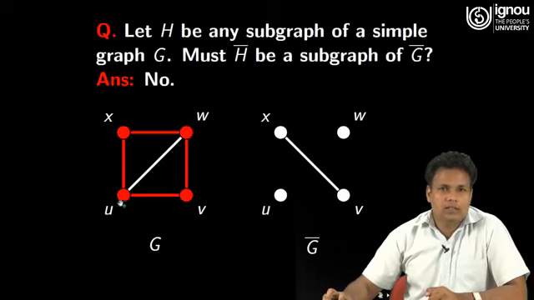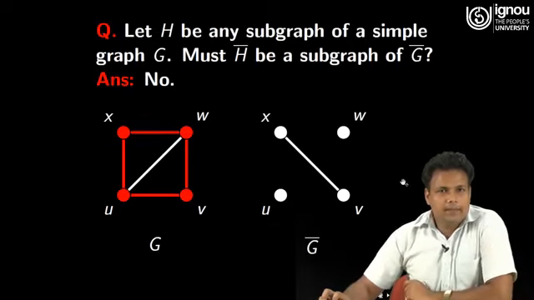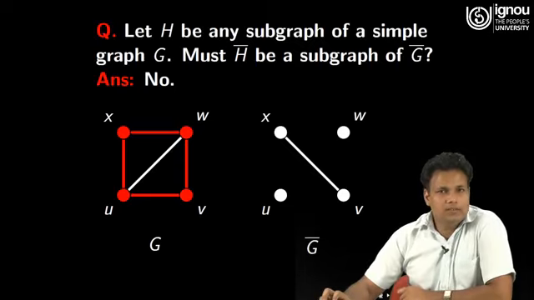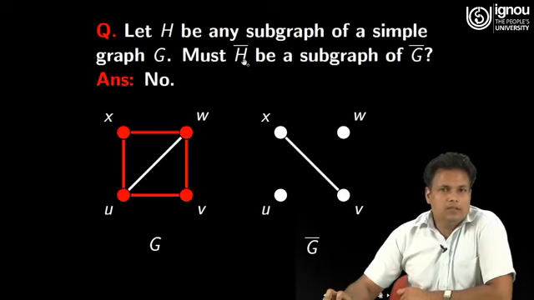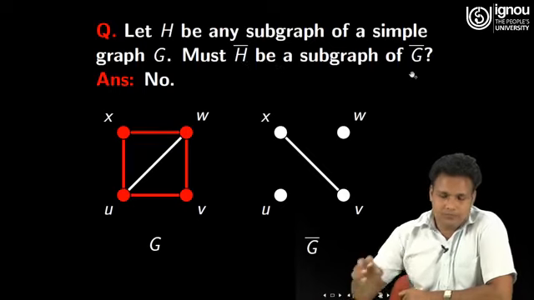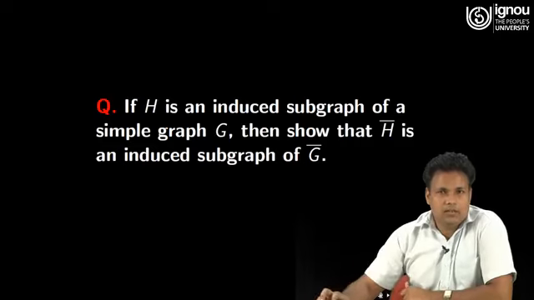That means the edge UW must be present in H bar, but here you can see that there is no such edge in G bar, hence H bar cannot be a subgraph of G bar. So, this was the case when H is any subgraph of G. However, if you consider H to be an induced subgraph of G, then H bar would be an induced subgraph of G bar. And this is the next question.